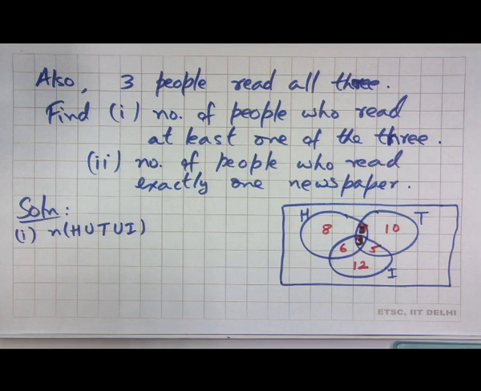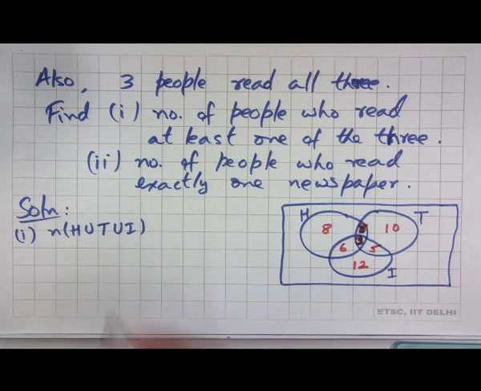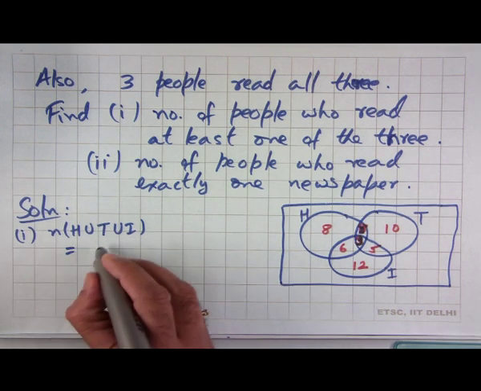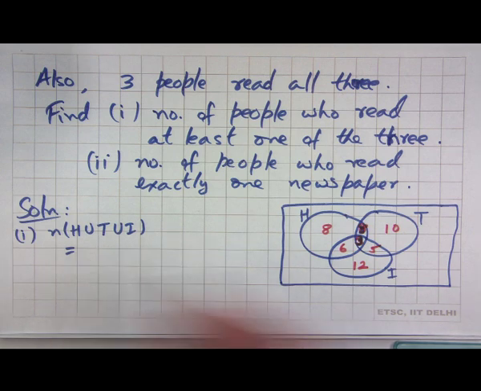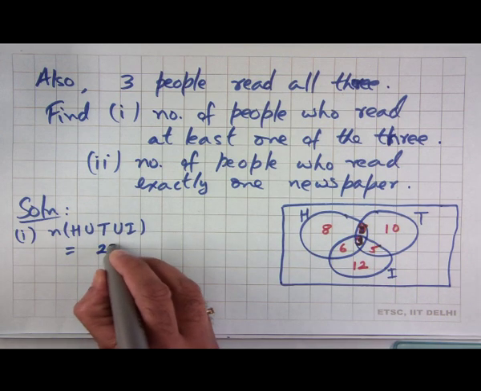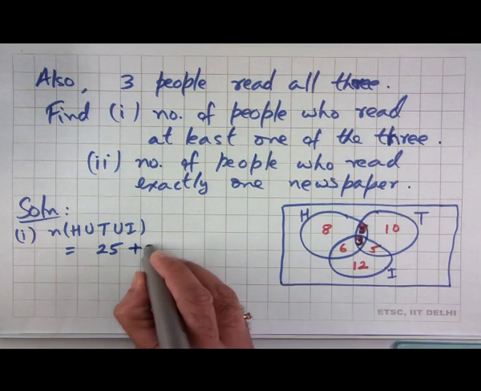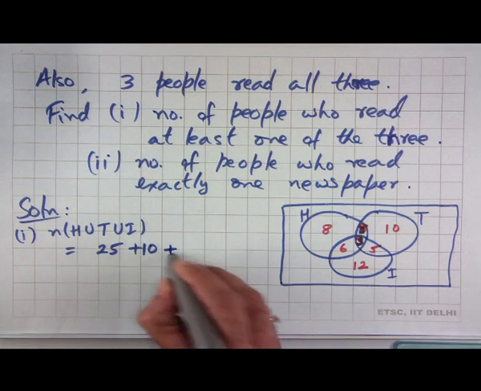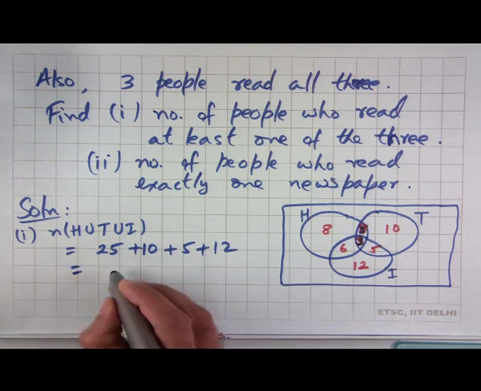So, you can use that formula and calculate, or once you have drawn this diagram, then we need to just add these numbers. So, this is equal to, in H we have 25 plus 10 plus 5 plus 12. So, that is equal to 52.